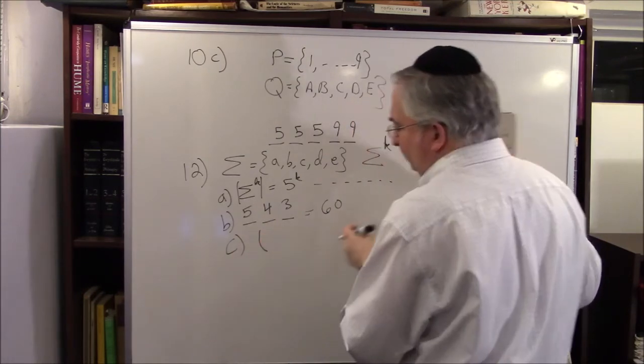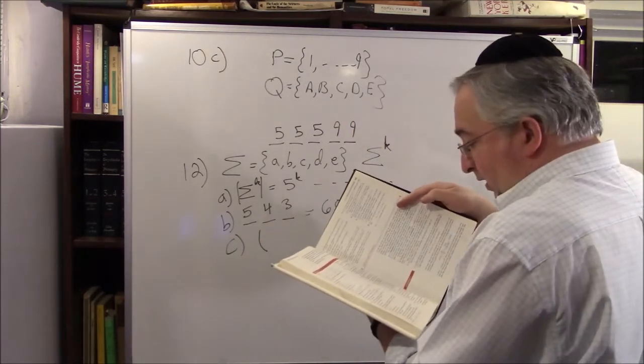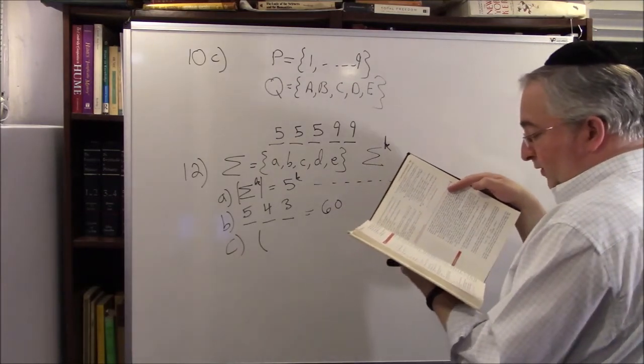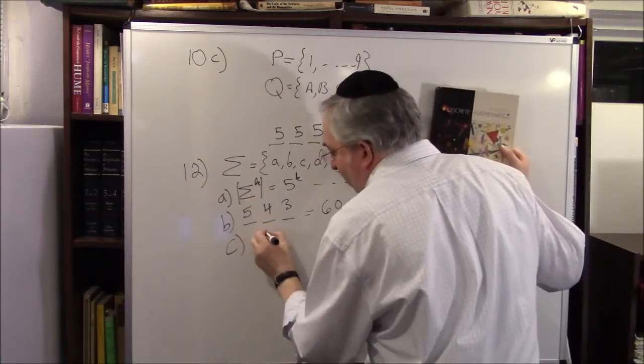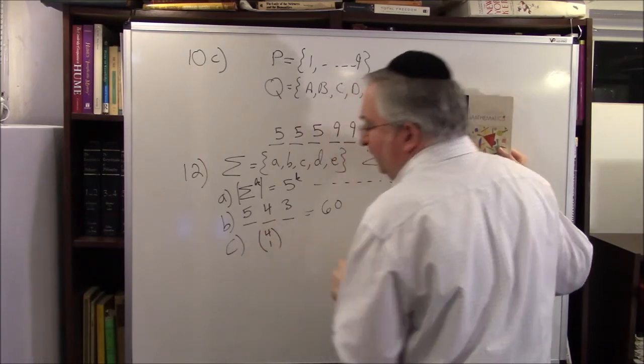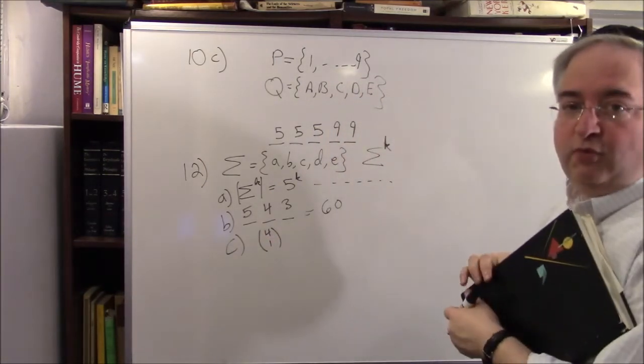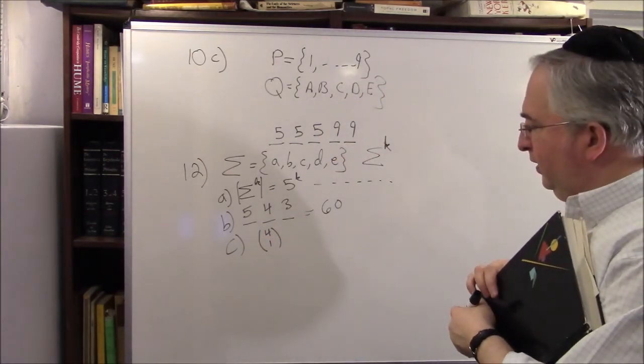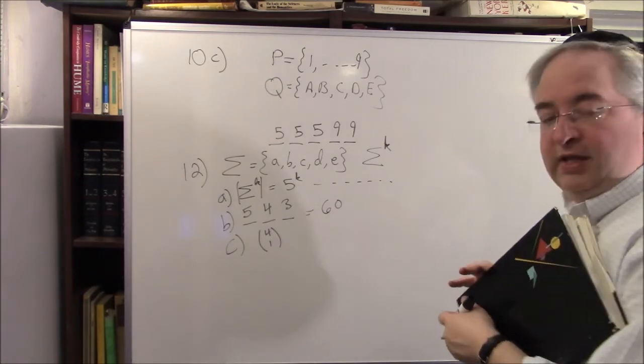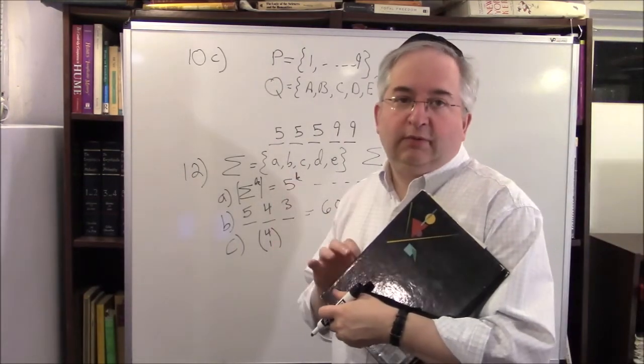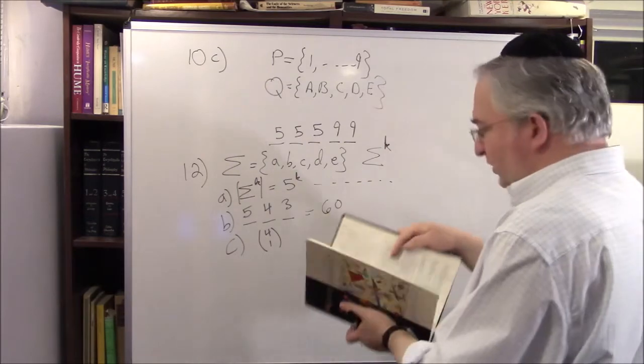You have, this is sigma 4. So you have 4 choose 1. That's where your C is going to go. So the letter C is going to go there.